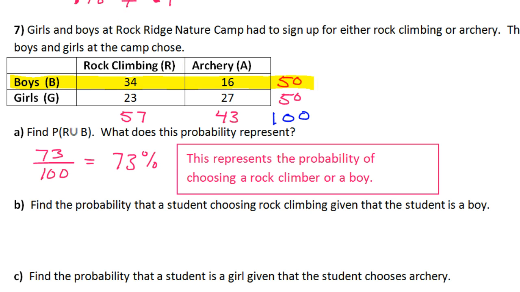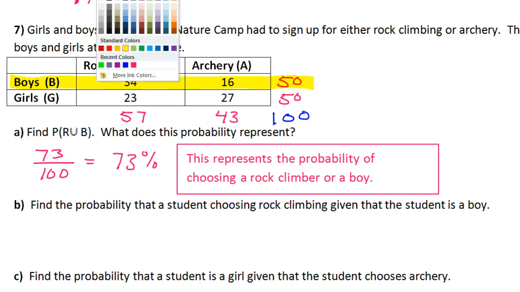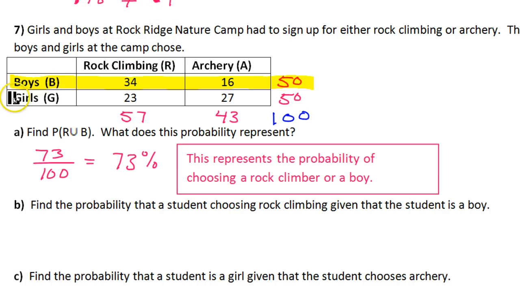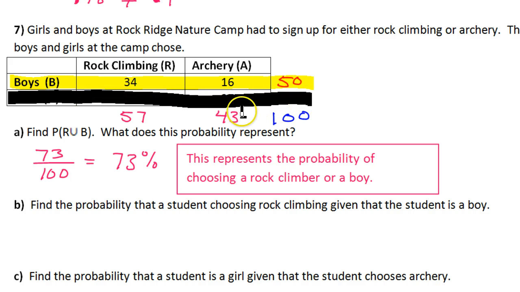Everything else we're going to ignore, so it's like the girls don't exist for the rest of this problem. It's only the boy row. So given a boy universe, find the probability that a student will choose rock climbing.